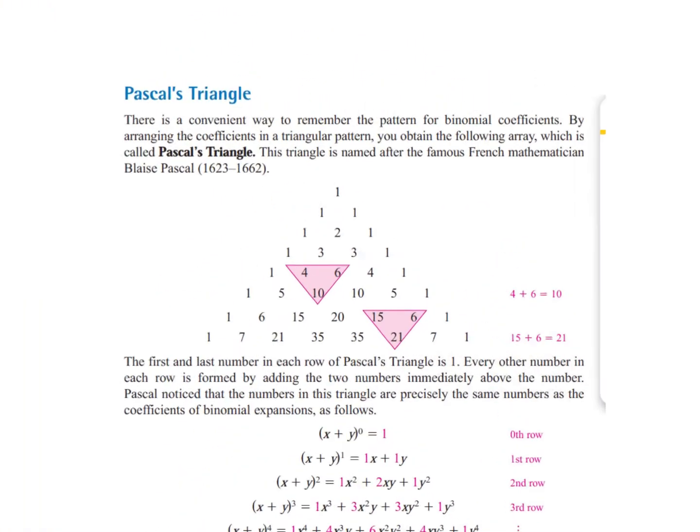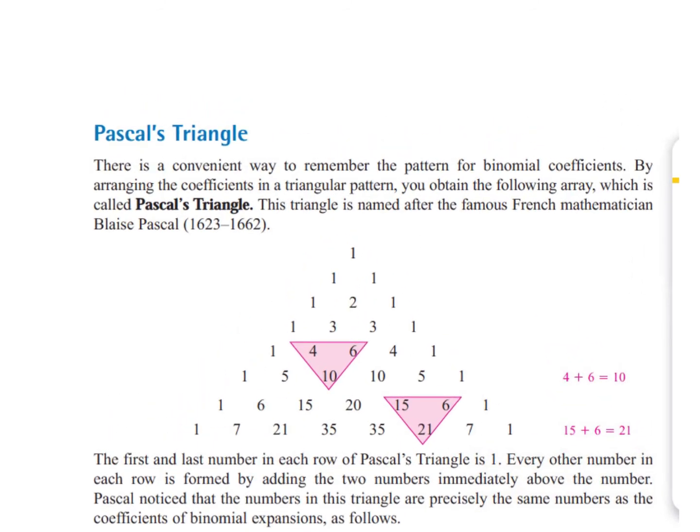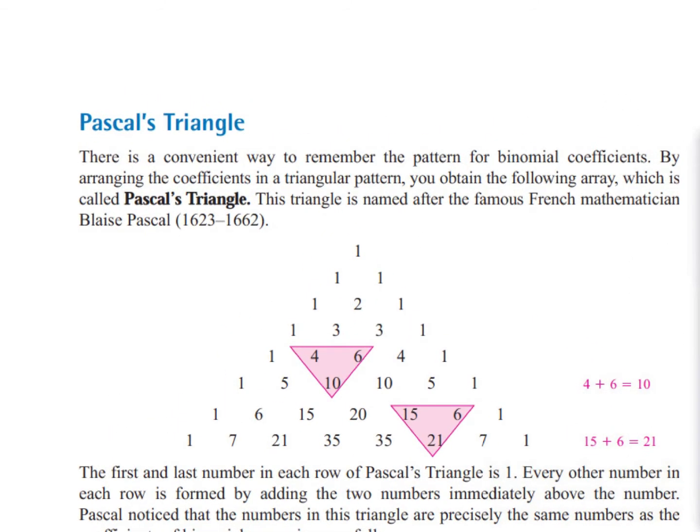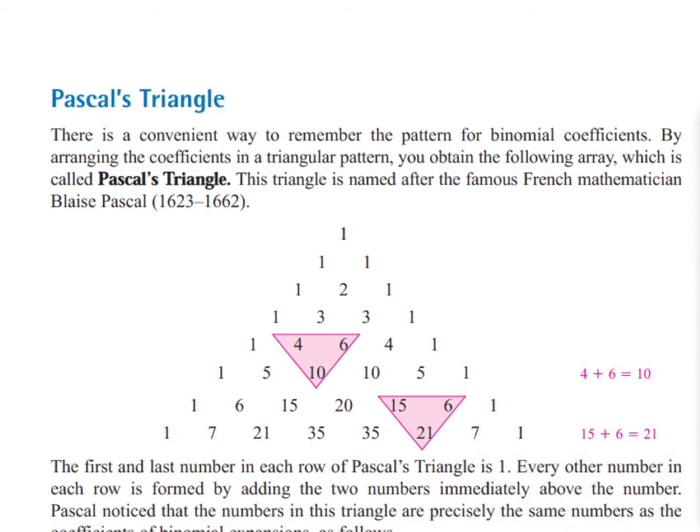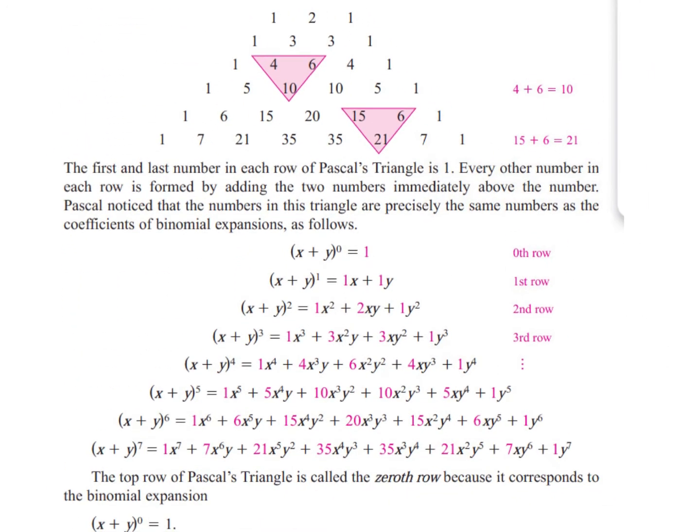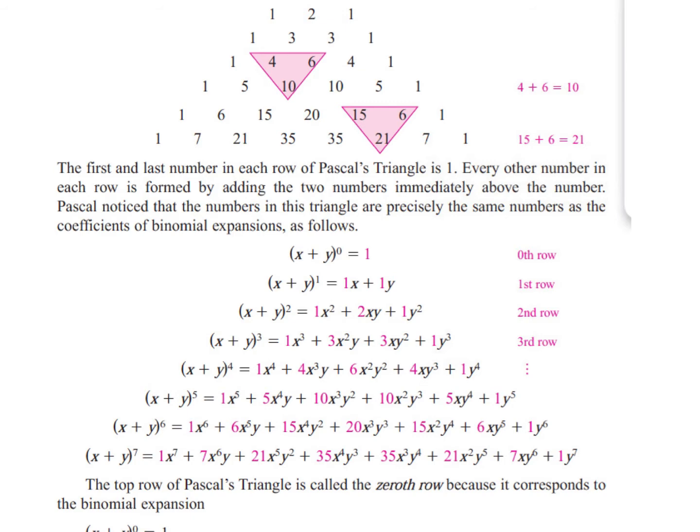All right, so next we have Pascal's triangle. You guys learned this in Algebra 2. Hopefully you remember. But Pascal's triangle is a way to find our coefficients in a binomial. So it helps us with the binomial coefficients. Down here, it's the same Pascal's triangle, but it just has our variables with it.